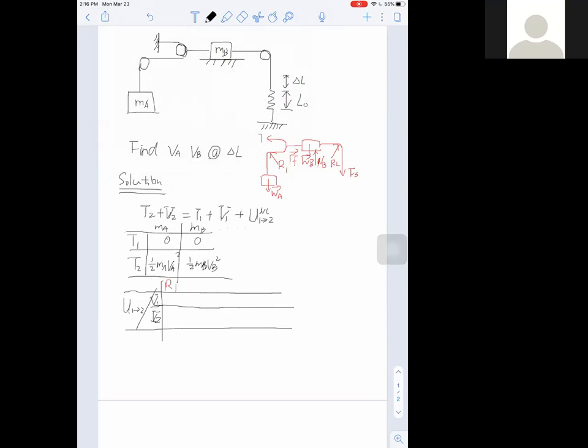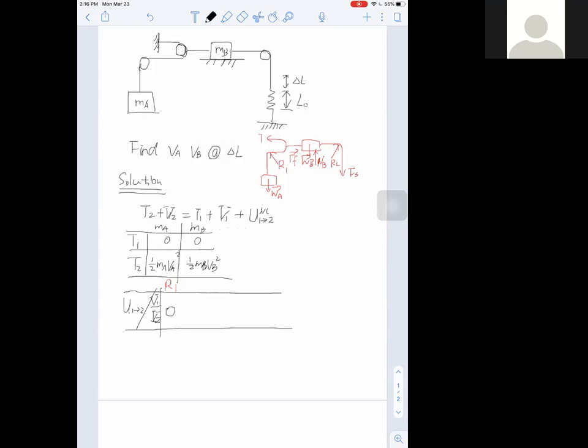R1 is the reaction force at that pulley, which is fixed there. Is there any movement or motion along the direction of R1? No, there's no movement along that direction. So that tells you there's no work done by R1. So the work done by R1 is 0.